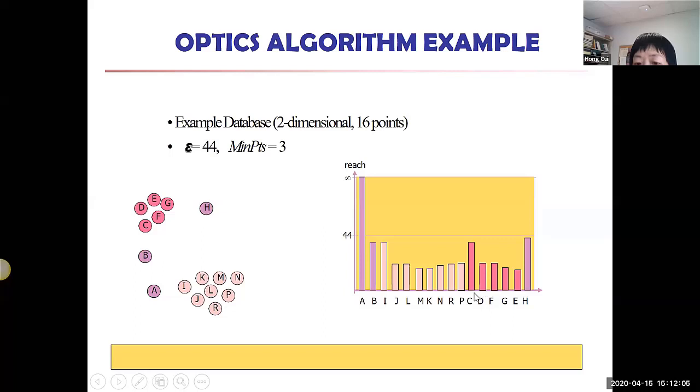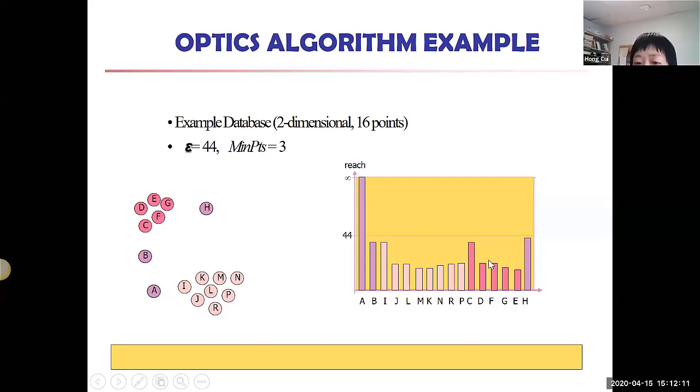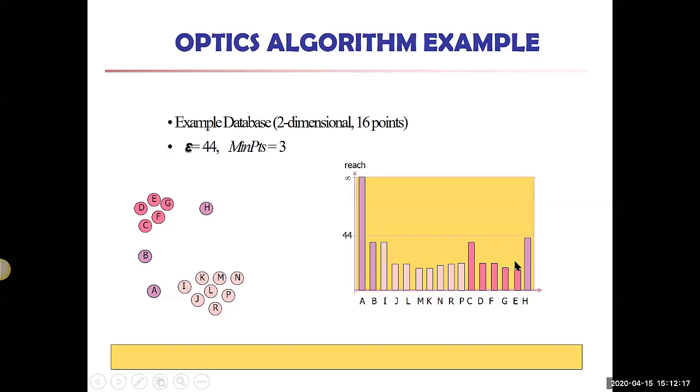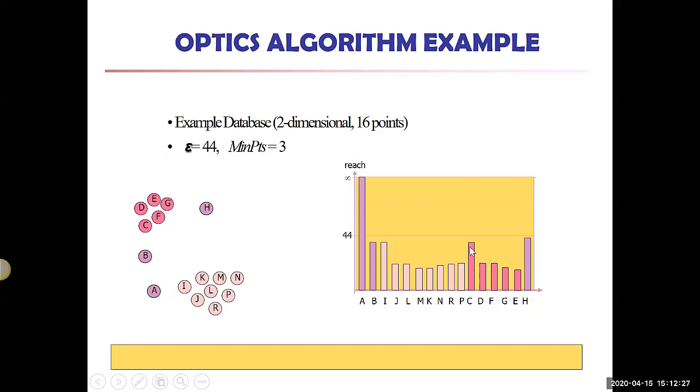So we know that C and D are close. And also D is very close to others. It creates a valley. So this C is part of this valley. Do we know how much is the reachability from P to C? We know the reachability from P to C is this much. Oh, okay. Yeah.